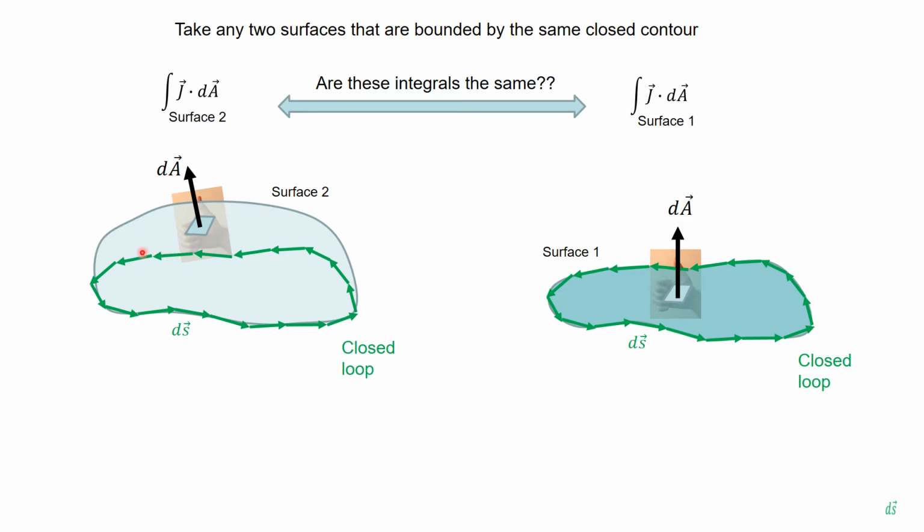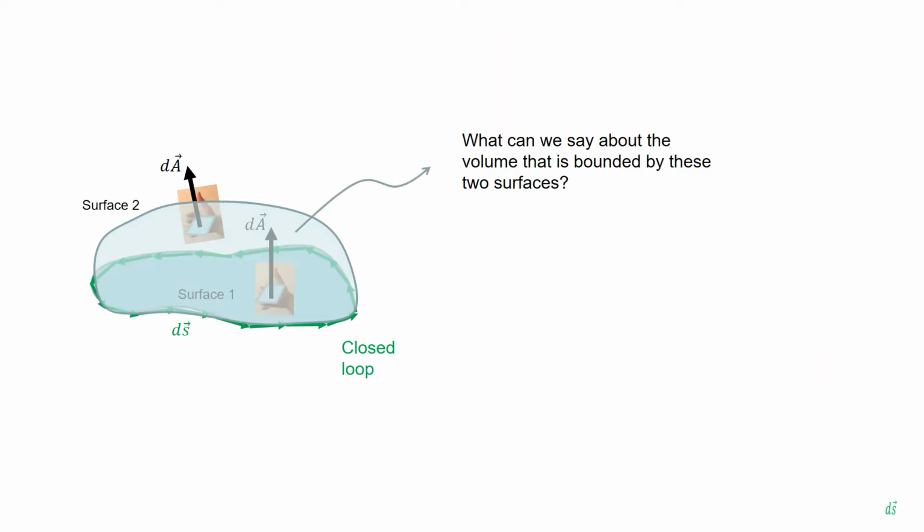It's bounded by the closed contour. So it starts where the closed contour is, and then it goes out in space to form this open surface. Okay? So the question is: is the integration of J.dA through surface number two the same as the integration of J.dA through surface number one? Are these things the same in general or not?